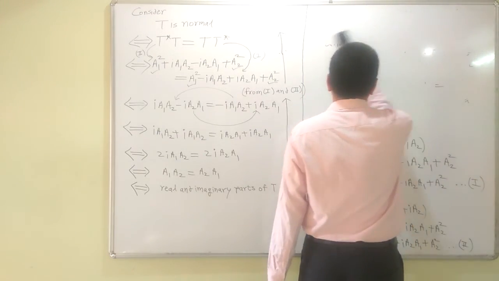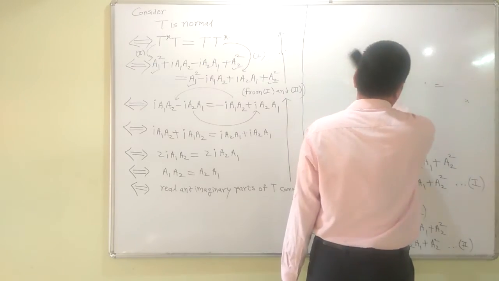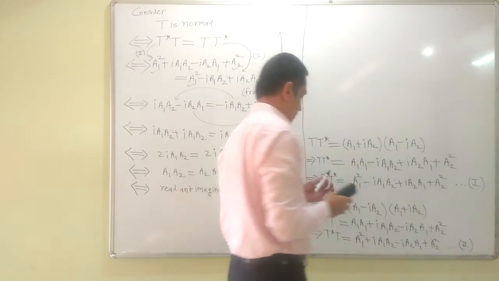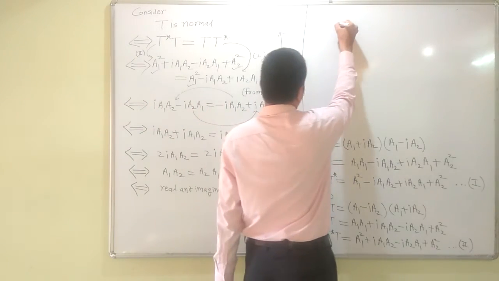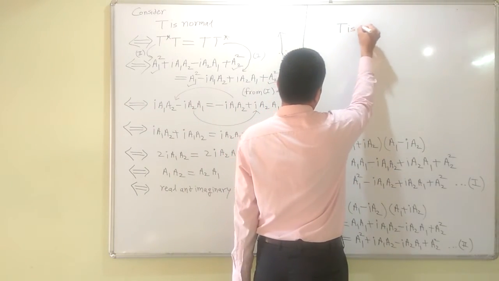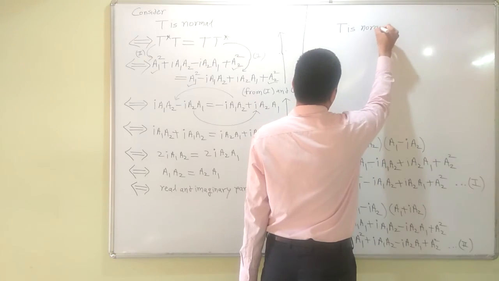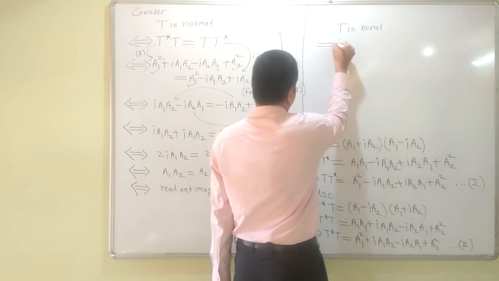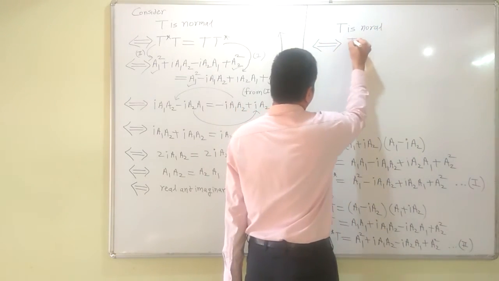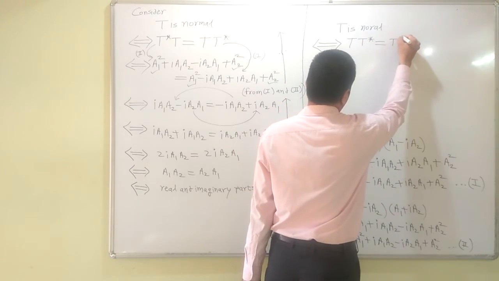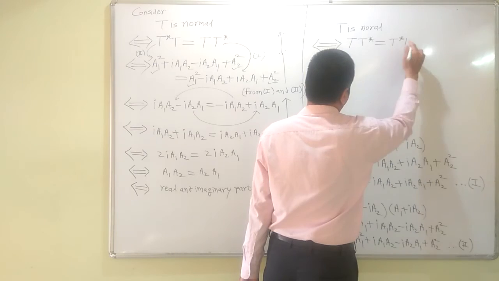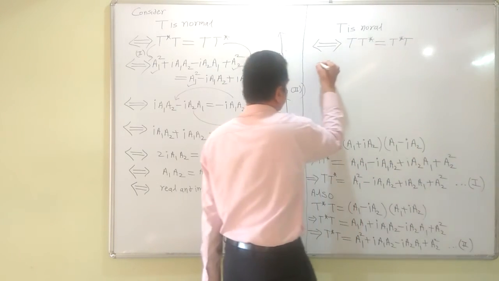So let me put all these definitions in one place. T is normal if and only if, by definition, T T star equals T star T, that is, it commutes with its adjoint operator; then that operator is called a normal operator.